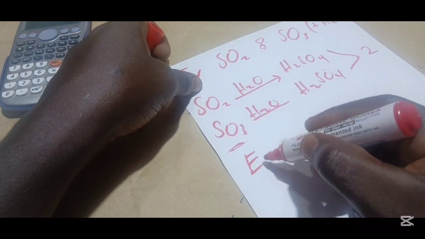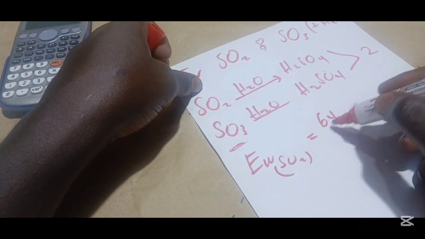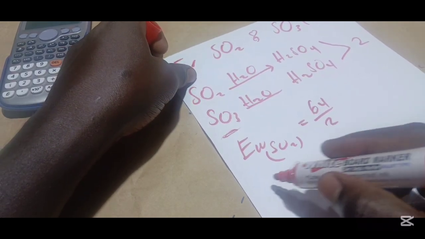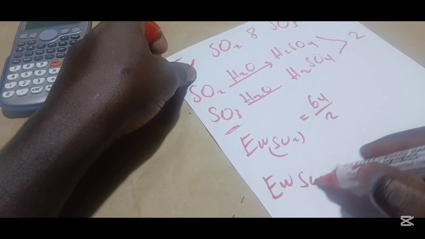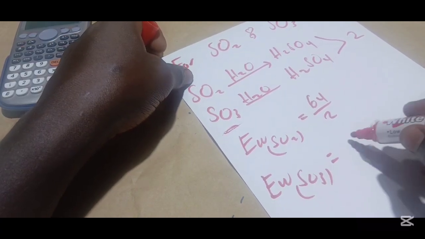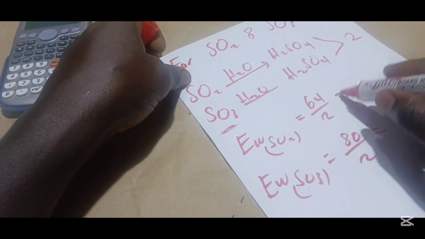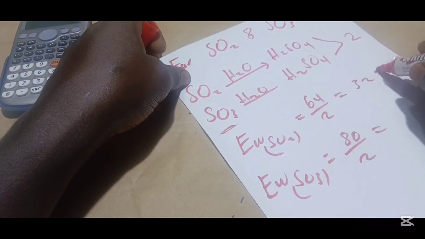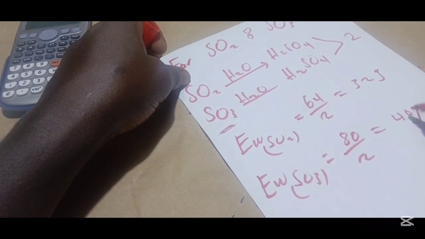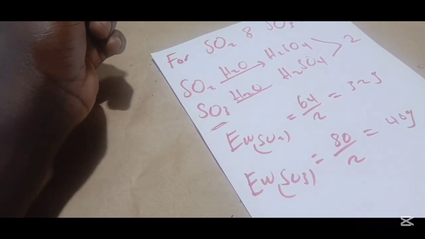So the equivalent weight of SO2 is the molecular weight, which is 64, over the N factor, which is 2. And the molecular weight for SO3 is 80, so this is 80 over the N factor, which is 2. So this is going to give us 32 grams, and this is going to give us 40 grams. So these are the equivalent weights of SO2 and SO3.